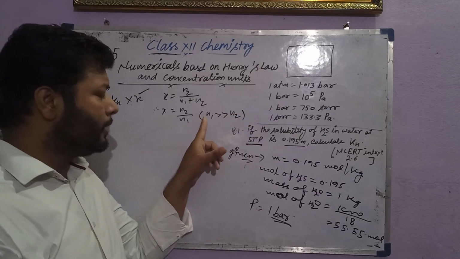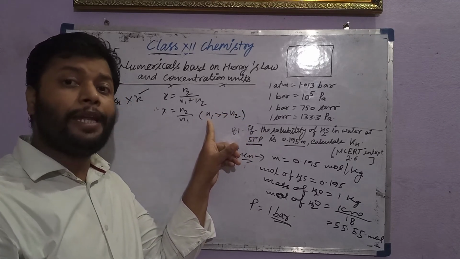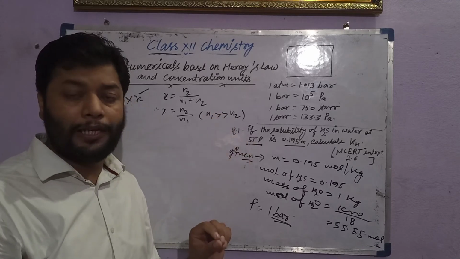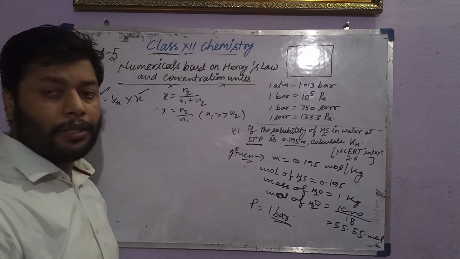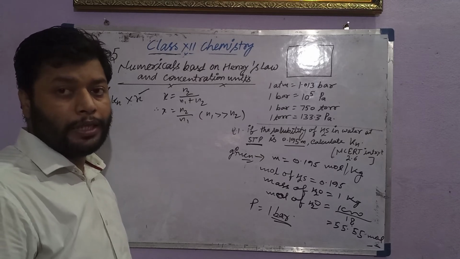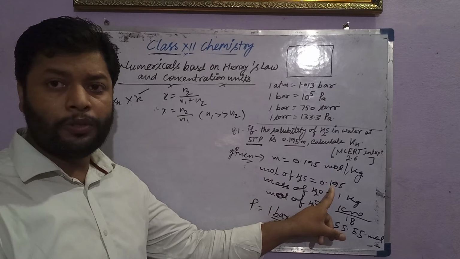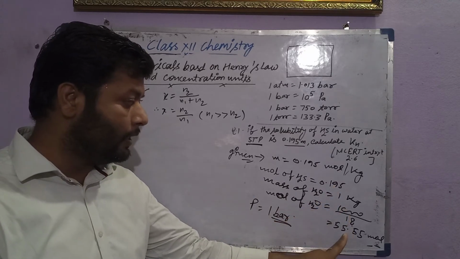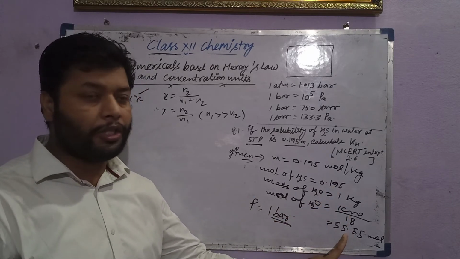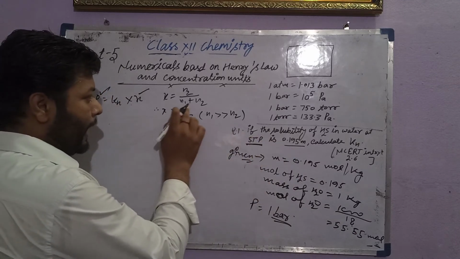because n1 is very much greater than n2. Whenever the moles of solvent is very large as compared to the moles of solute, you can neglect the moles of solute in the denominator. You can see the moles of H2S is very low, 0.195, comparatively the moles of water is very large. So the formula will be n2 by n1.